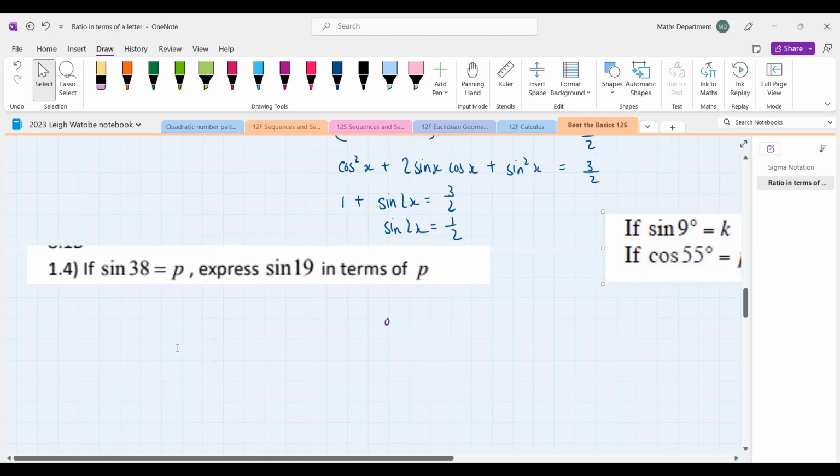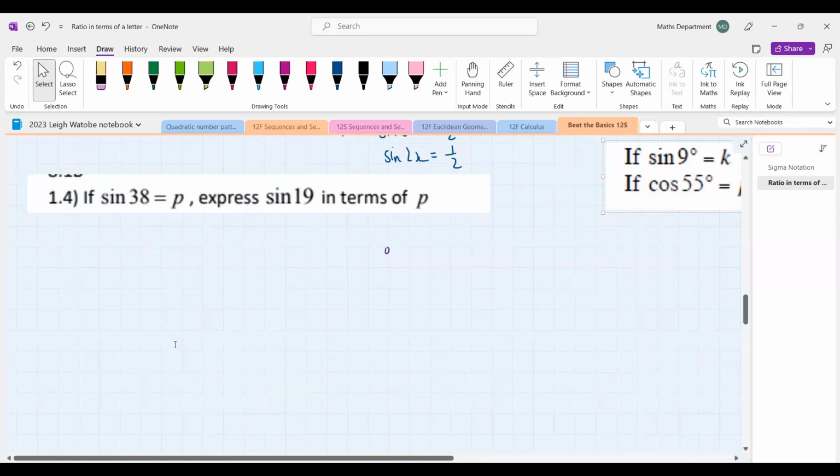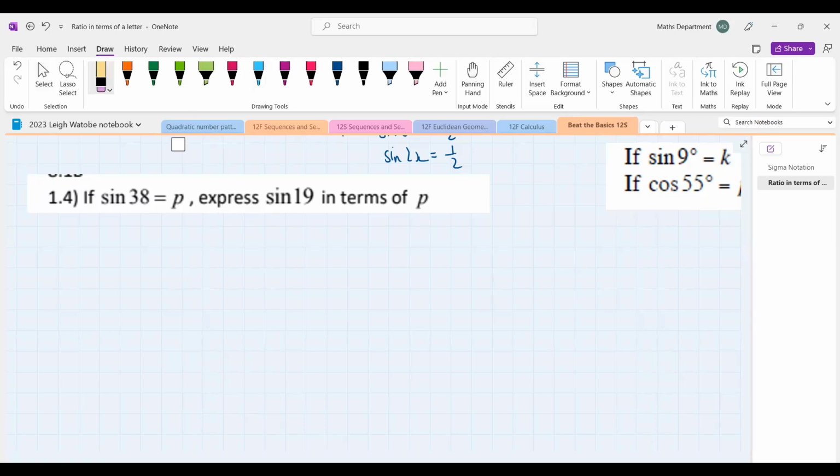Okay, anybody made any progress with 1.4? Anyone got an answer or an idea when it comes to 1.4? Do you guys still want a little bit more time with question 1.4?